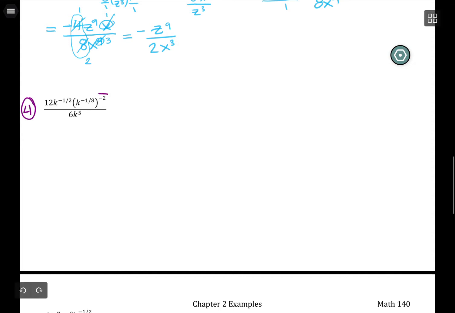In particular, right here, you could multiply exponents, negative 1/8 times negative 2, and you get a positive. But I'm going to go about it the same way I have been so that I'm not giving you different rules for different problems. So k to the negative 1/2 is the same as 1 over k to the positive 1/2.